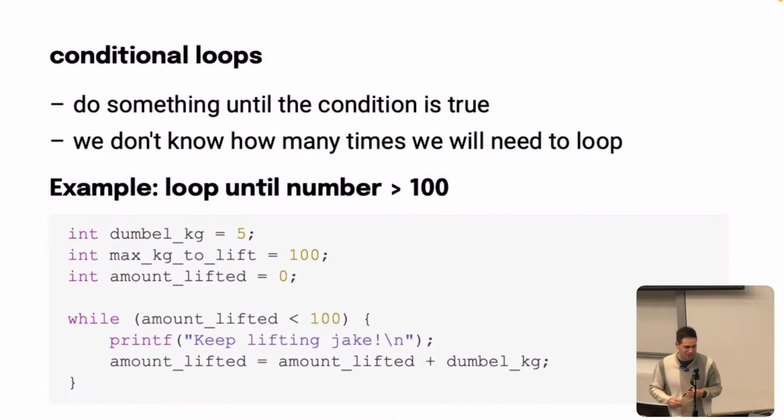I'm not a gym junkie, as you can tell, but I've got some program with some variables, and every time the program runs, the loop runs, the variables change, and at some point the condition will be true or false, and the loop will end. But it's not counting by 1. This is kind of a bad example because this is counting by 5, I think, but you get the idea, hopefully.